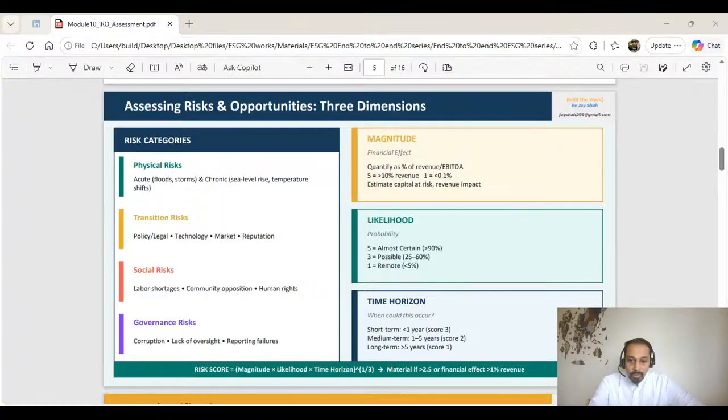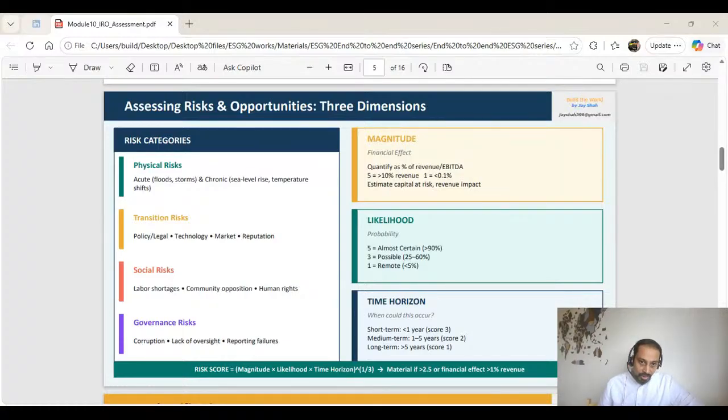So here you can see dimension 1, which is the magnitude of financial impact. This is the core question: how much money is at stake through any kind of impact that comes up? Ideally you want to quantify this first.